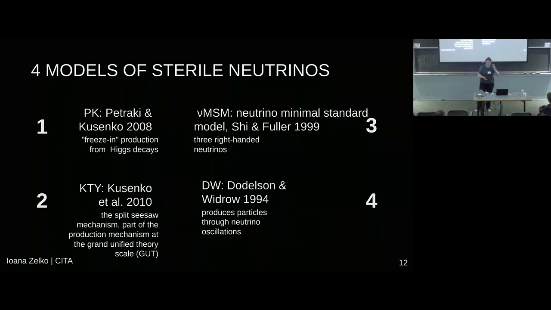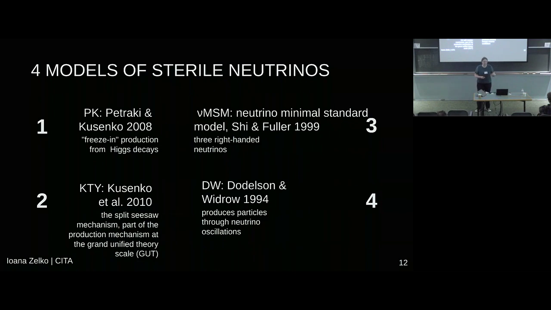The sterile neutrinos take their name from the fact that neutrinos, being fermions, have spins, and basically the weak force interacts only with left-handed neutrinos, which are basically one type of spin.